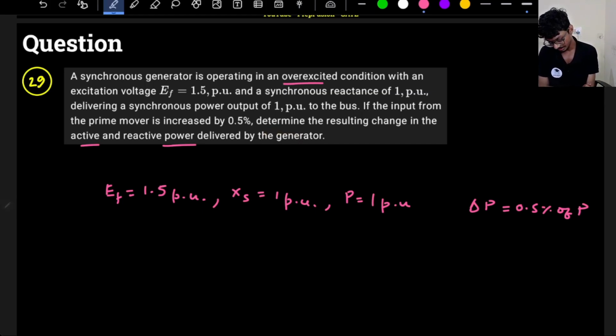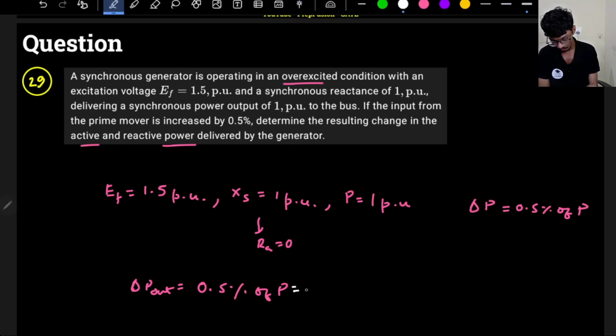If I am increasing the input of the prime mover by 0.5%, then of course RA is 0, so the change in the output of the generator, delta P out, will be the same, that is 0.5% of initial P. What was the initial P? 1 pu.